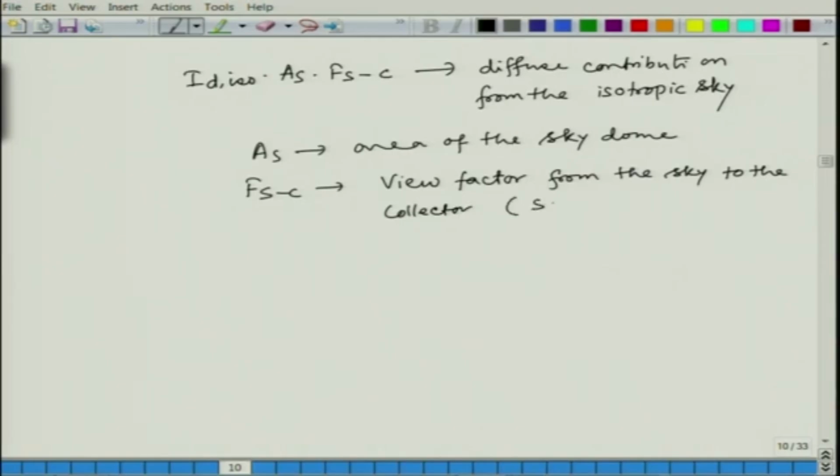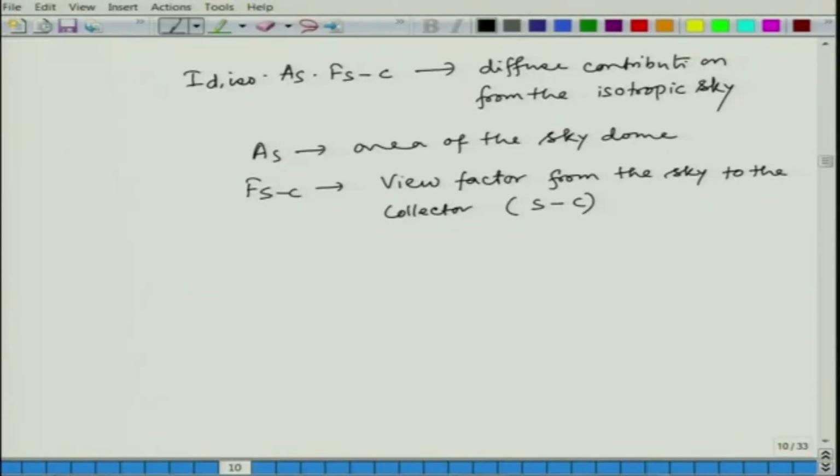This is what it means, S stands for sky and this dash means to the collector. So, if some object is there looking from the sky dome, how much portion of that will be visible to the collector? That is what the view factor is. It is a geometric factor, right. And if you are confused with this view factor, please go back to your radiation heat transfer class and look at this, or a textbook where view factor is discussed.